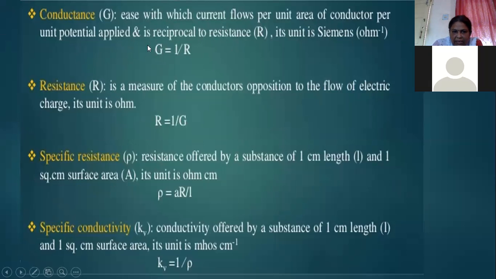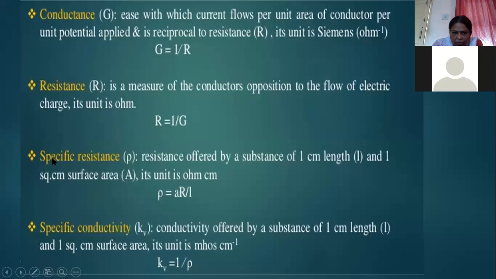So conductance, if we call it G, is equal to 1 by R. All of you know what is resistance. It is a measure of the conductor's opposition to the flow of electric charge.